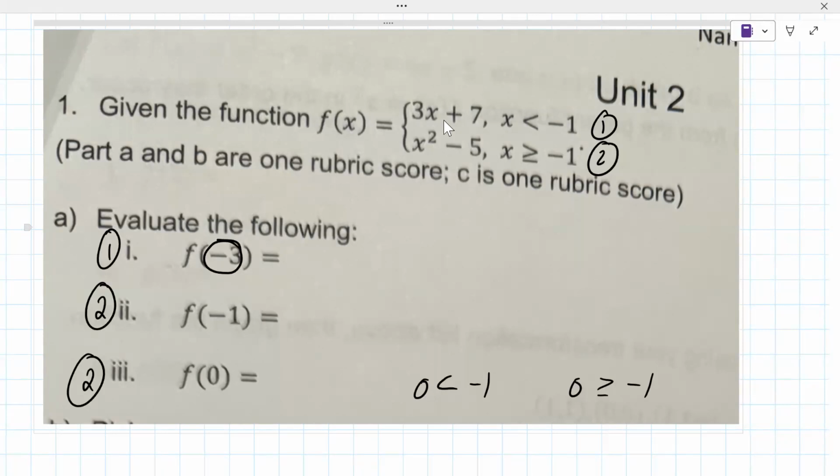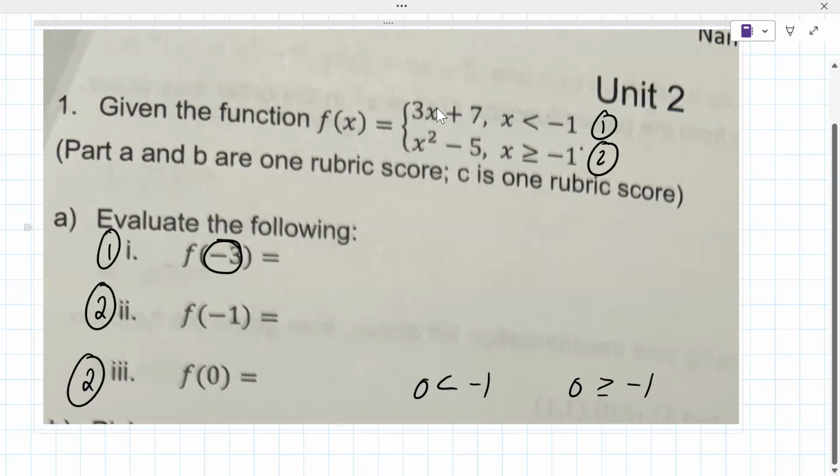So for -3 right there, you should be using the top piece. You're going to put -3 in for x into the top piece.